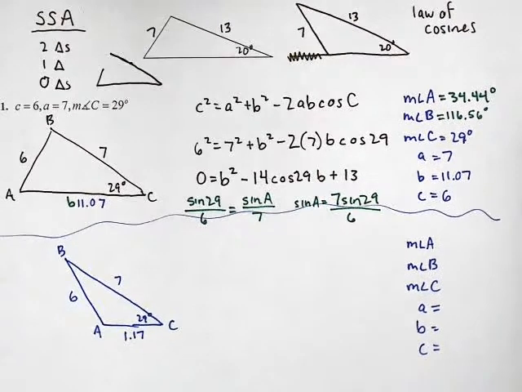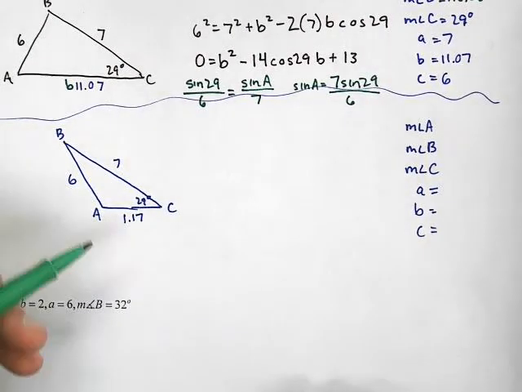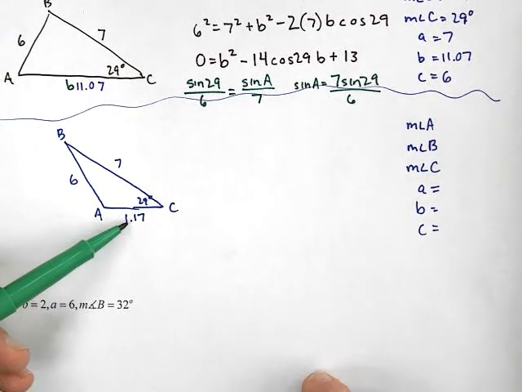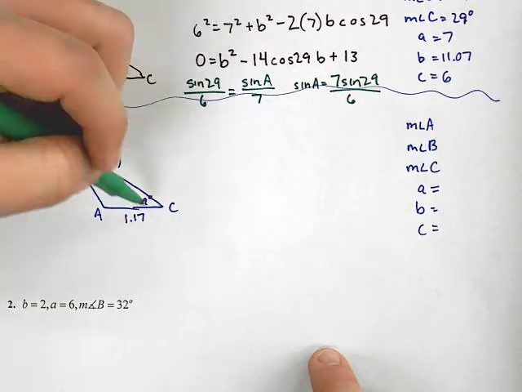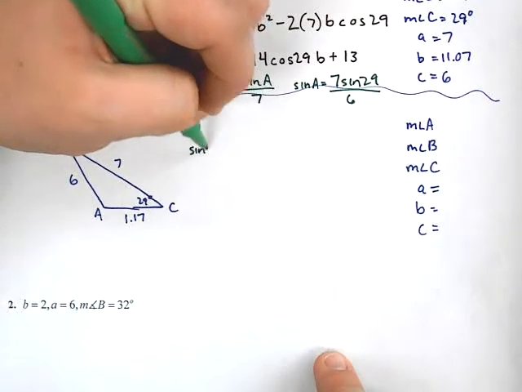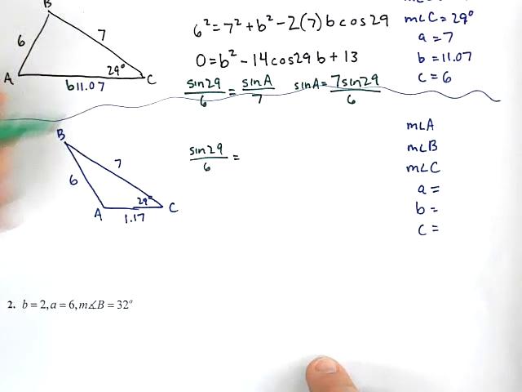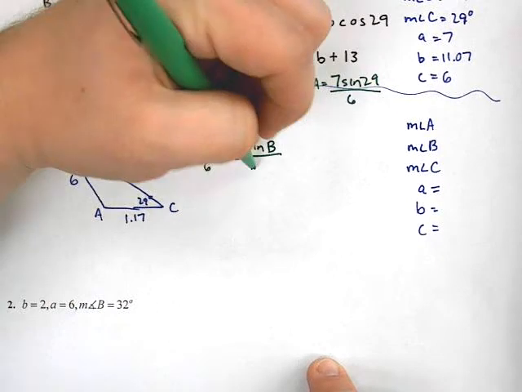Now we have to do the same thing here because we have multiple options for triangles. So once again, I'm looking for the smallest angle. Well, the smallest angle is going to be across from the 1.17. So I know I'm going to have to use sine 29 over 6 equals sine of b over 1.17.